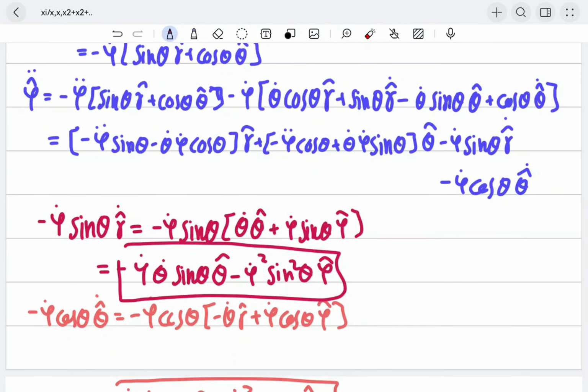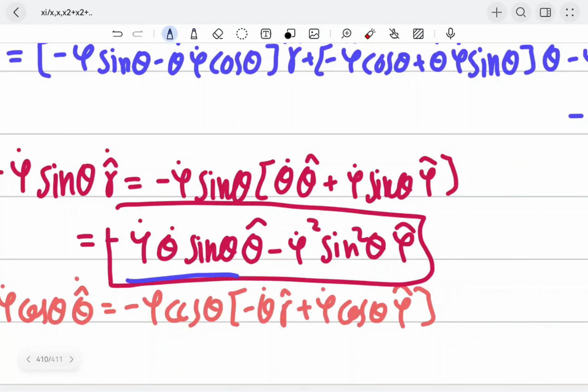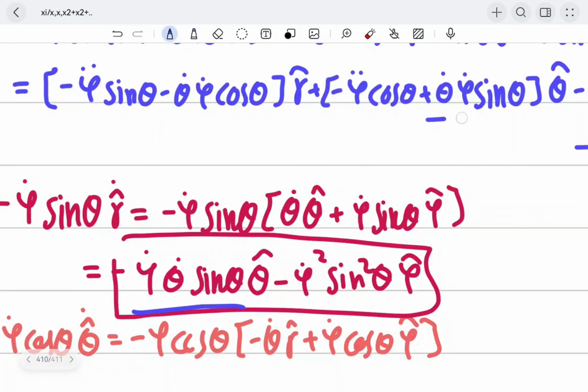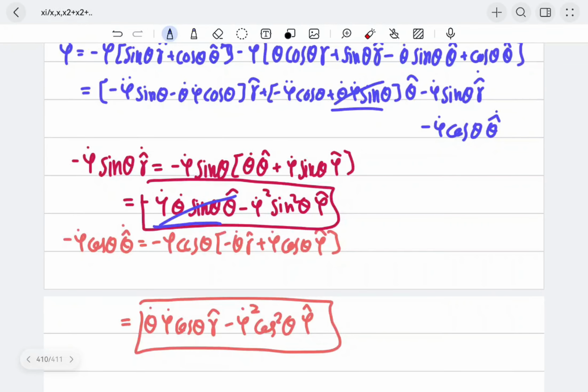I can notice that this component is here also, but with a different sign. I can cancel them. Also, for r hat, we have theta dot phi dot cosine theta here, and minus theta dot phi dot cosine theta here. I can cancel them.